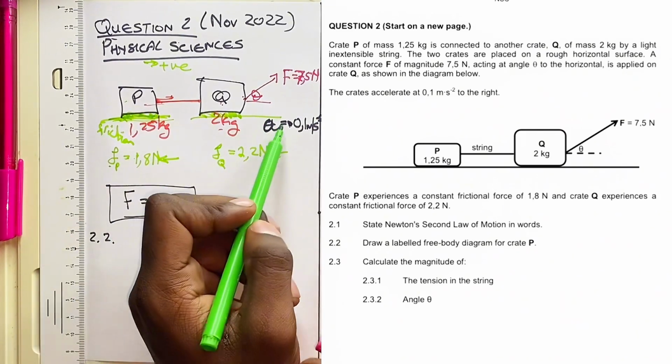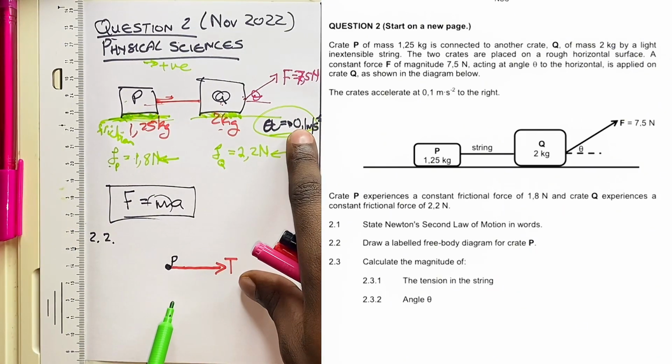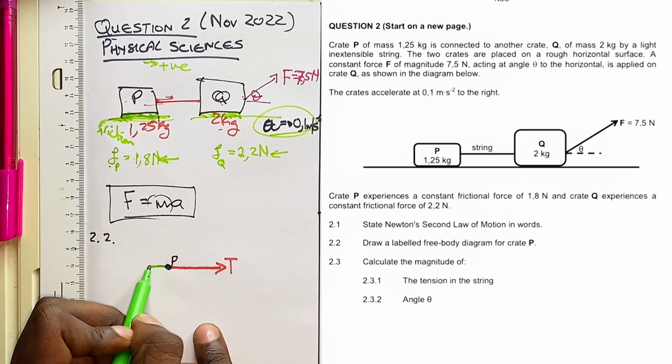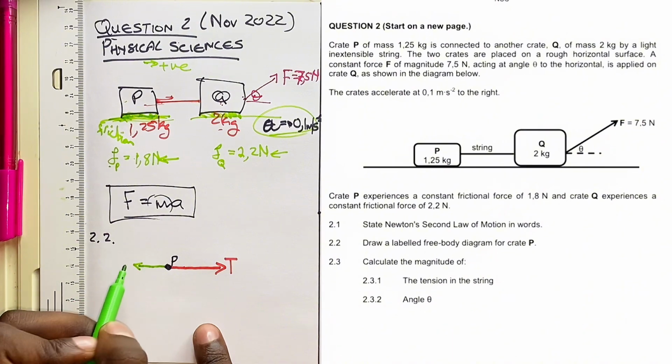Remember that they are accelerating at 0.1 meters per second squared. So friction will act in the opposite direction of motion.